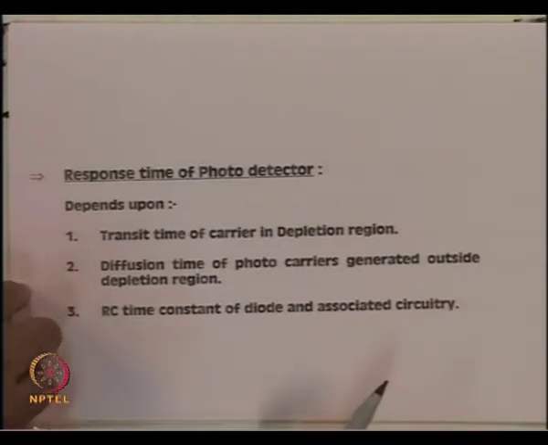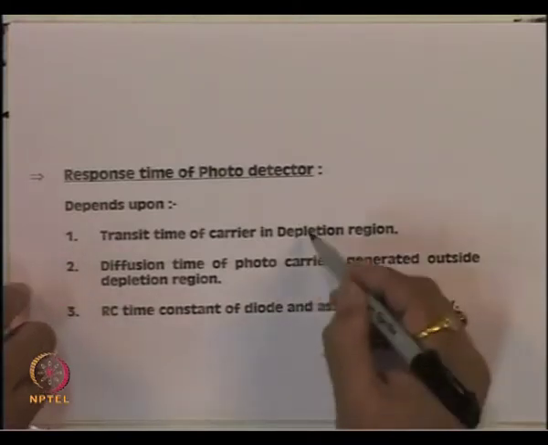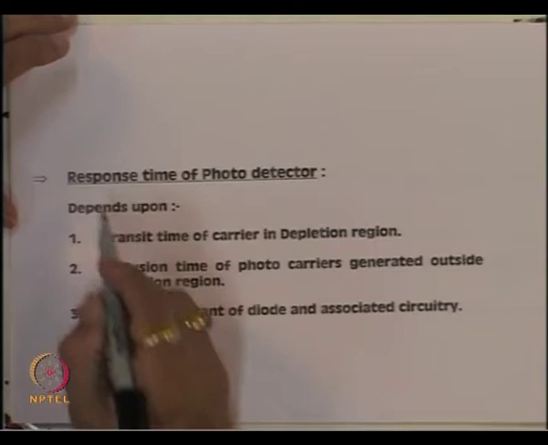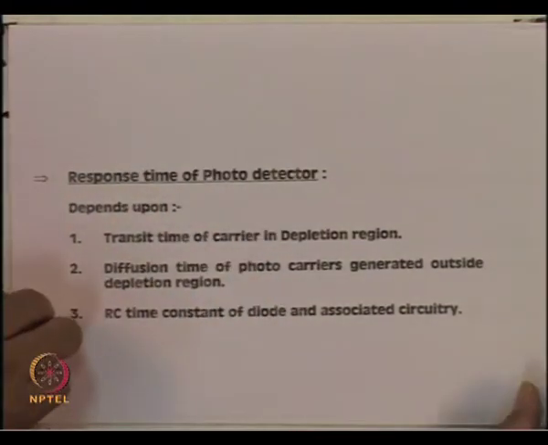To get a voltage, you require high resistance, so that the constant current coming from the photodetector, when it flows through this, develops a substantial voltage. Since R is large, the RC time constant of the photodiode is rather large. So, these are the three prime factors which restrict the response of the photodetector, or in other words, make the device more and more a low frequency kind of device.